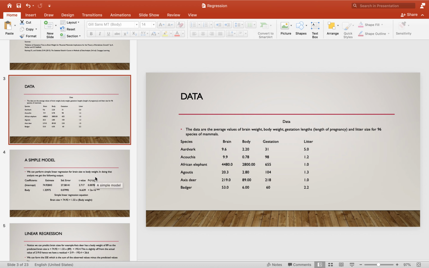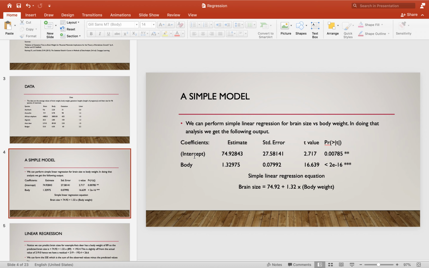So in our previous material, we've seen simple linear regression, and it would be useful to answer some specific questions. So here's a simple linear regression, which we can perform, and it's the brain size versus body weight. Okay, and we get these calculations.